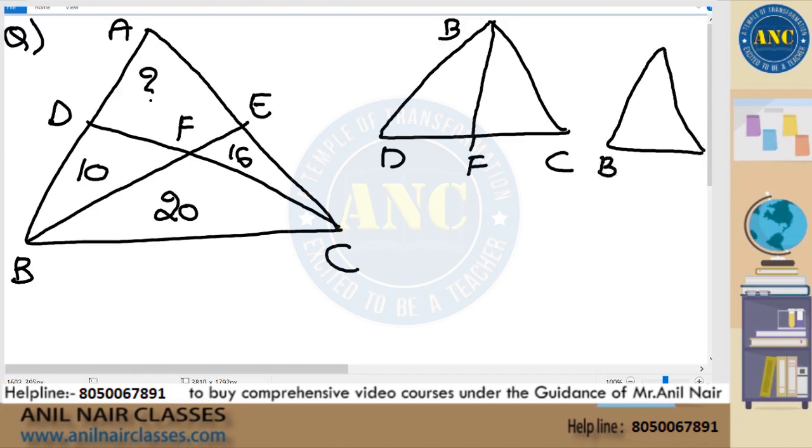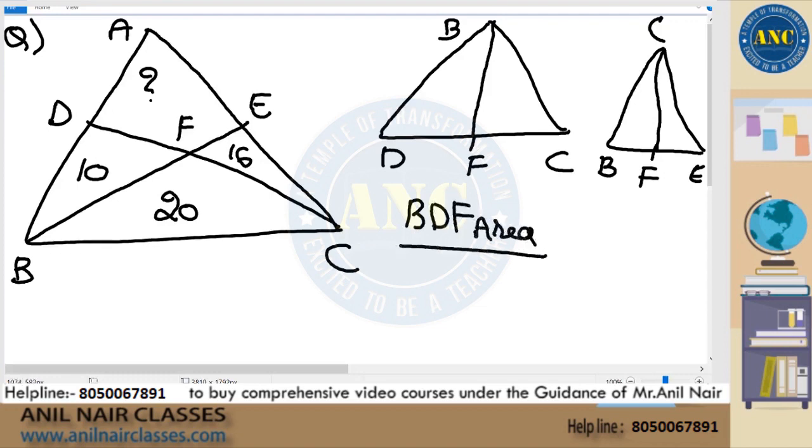Now why did I do this? Now if you see here, area of triangle BDF divided by BFC area is nothing but DF is to FC.